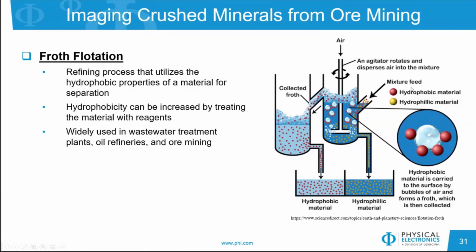Looking at this cartoon, you feed your minerals into this bath. It's agitated with air, and it spins around and generates these bubbles, and your hydrophobic material attached to these bubbles rises to the top and is separated out, and the hydrophilic material separates to the bottom. So you can separate out your different particles just based on the hydrophobicity of the material.